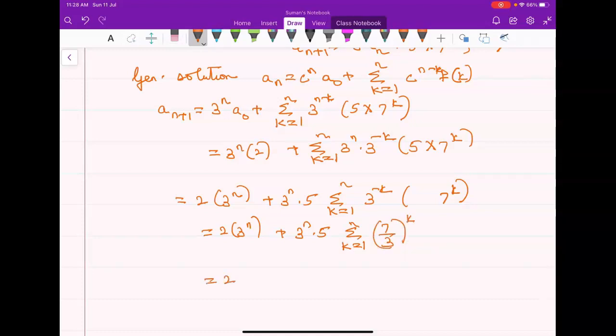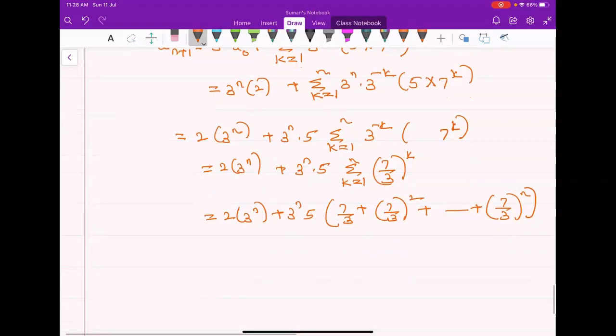That would be 2 into 3 raised to n plus 3 raised to n into 5. And when I expand it, I get 7 by 3 plus 7 by 3 squared, and so on, you go up to 7 by 3 raised to n. So you have n terms here. So it is 2 into 3 raised to n plus 3 raised to n into 5.